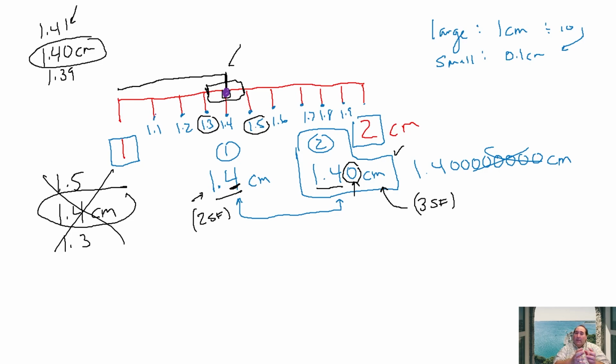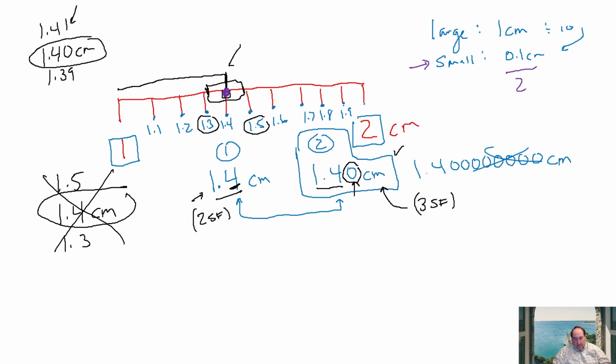So one last thing here about looking at scales and figuring out how far you could go. Again, the general rule is you really can just go one more place to the right of the smallest marking. If you're still not sure how far you should take the reading, and you are able to figure out what the smallest marking represents, all you have to do is take the smallest marking and divide it by 2.